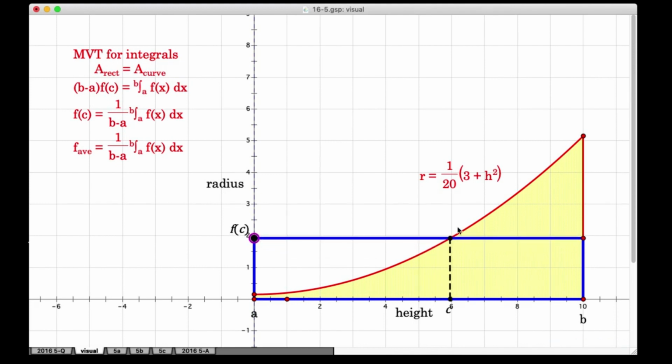If this region here would fill in here, that means that the area of the rectangle inside this blue box would be equal to the area under the curve.